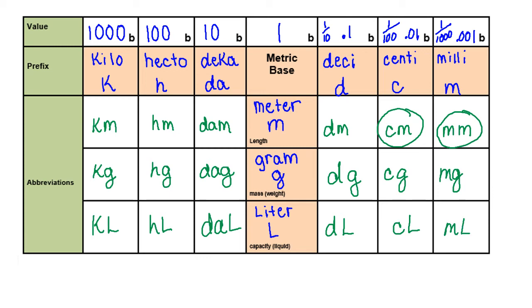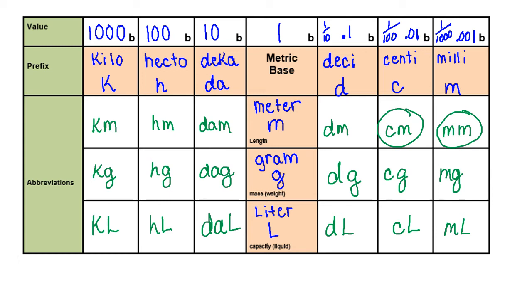Now again, the whole thing is, you know the whole chart as long as you remember place value and you remember 3 things down: meter, gram, liter; 3 things to the left: kilo, hecto, deca; 3 things to the right: deci, centi, milli.